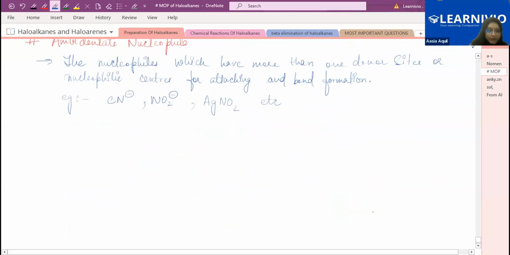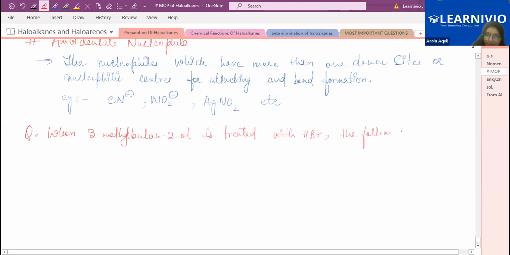Here's a very interesting question. I will discuss it by using a question. Write down the question: when 3-methylbutan-2-ol is treated with HBr, the following reaction takes place.